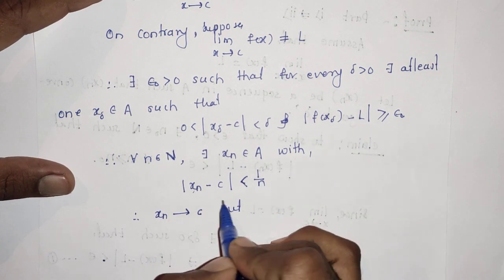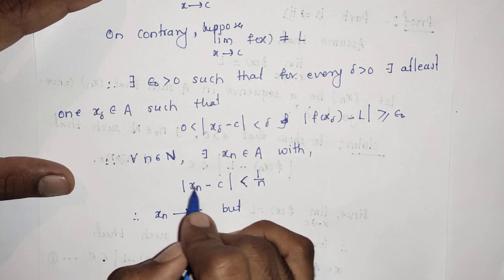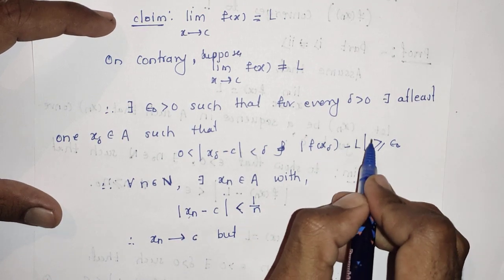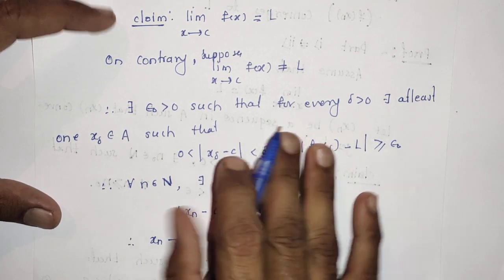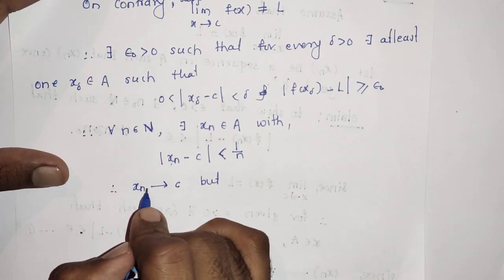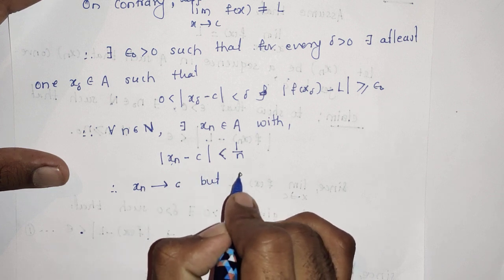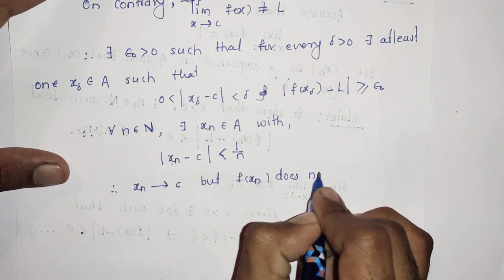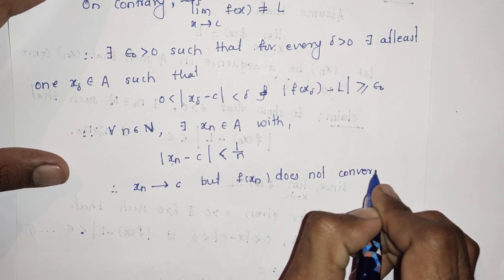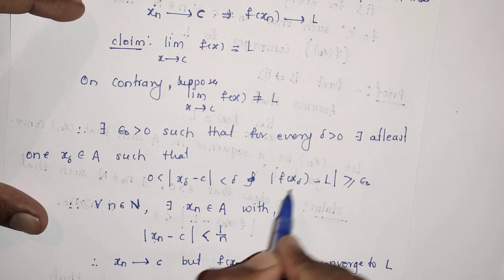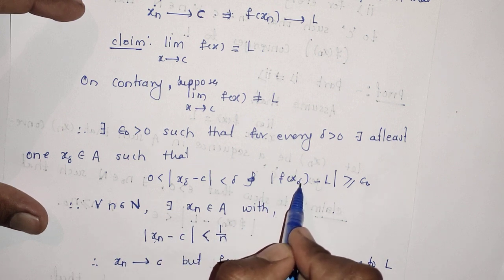This is by using the definition of convergence of a sequence. This is a contradiction. Mod of xn minus C is less than some epsilon, but mod of f of xn minus L is greater than or equal to epsilon naught. So this is a contradiction to the assumption that the sequence f of xn converges to L while xn converges to C. Here, instead of delta we can use xn.